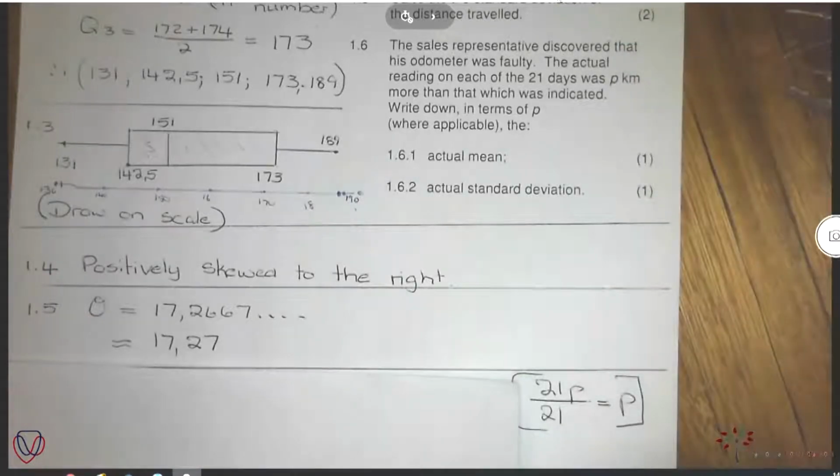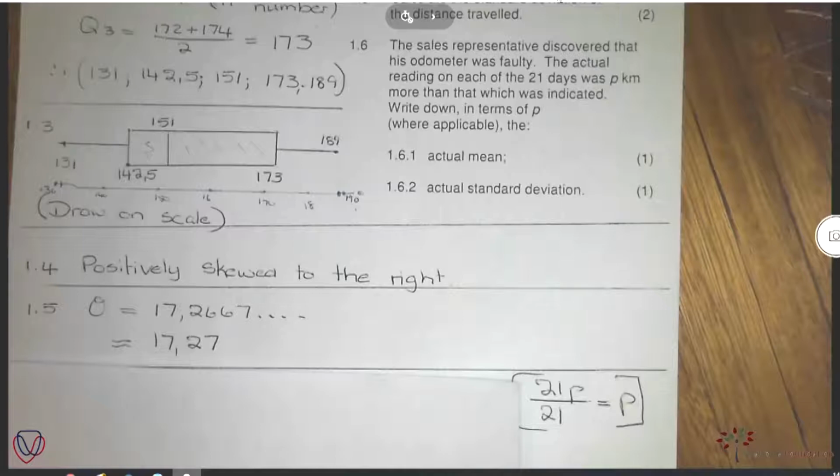Right, people? 1.6. The sales representative discovered that his odometer was faulty. The actual reading on each of the 21 days was p kilometer more than that which was indicated. Write down in terms of p the actual mean.